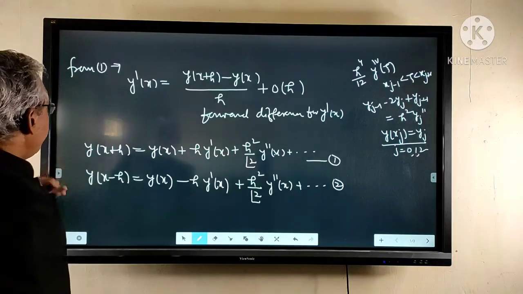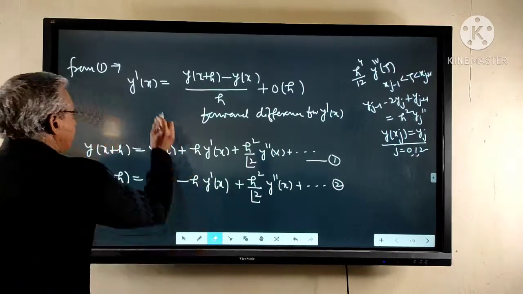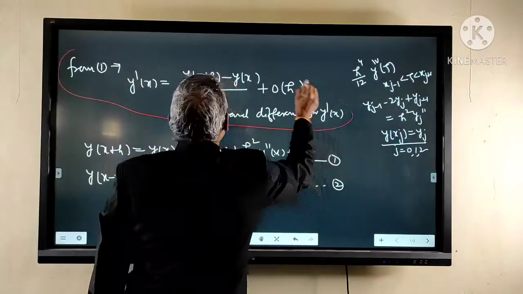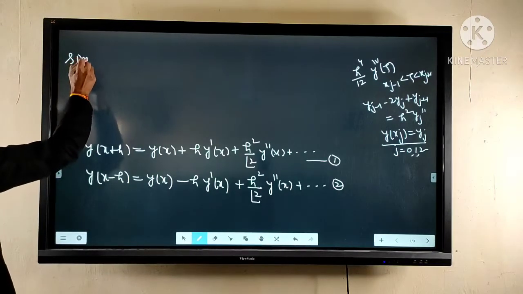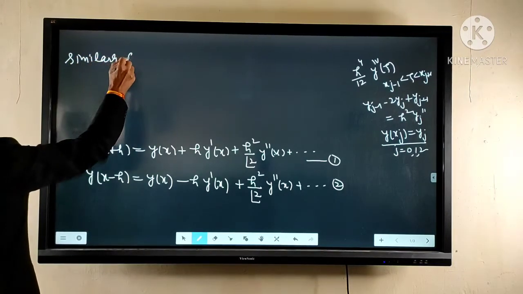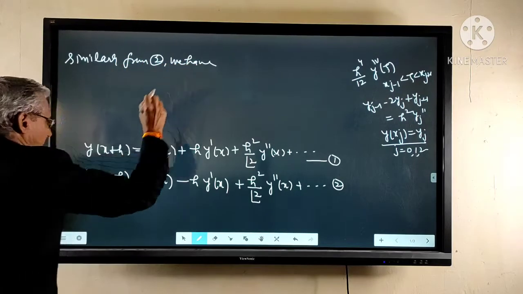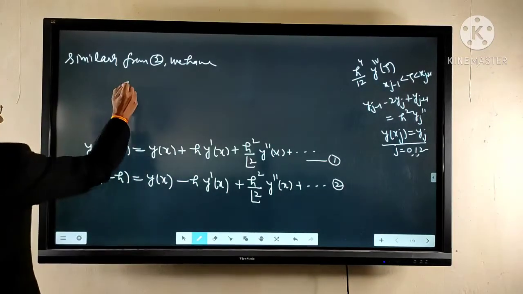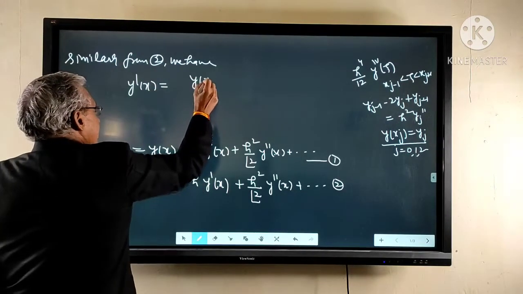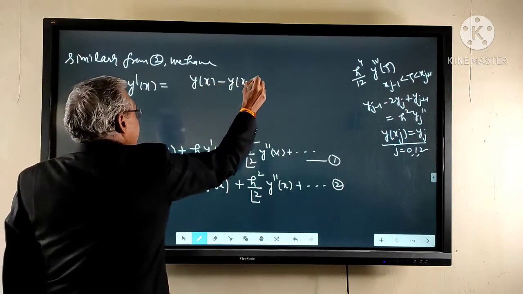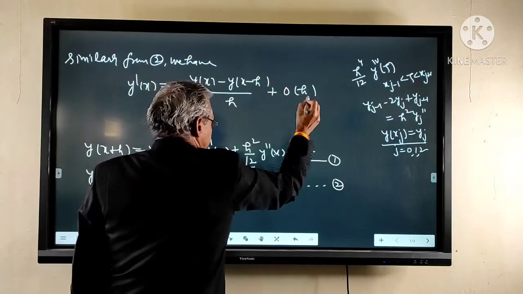Similarly, from the second equation, we have y'(x) = [y(x) - y(x-h)]/h + O(h).